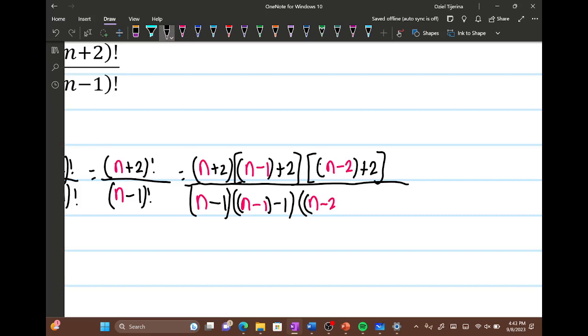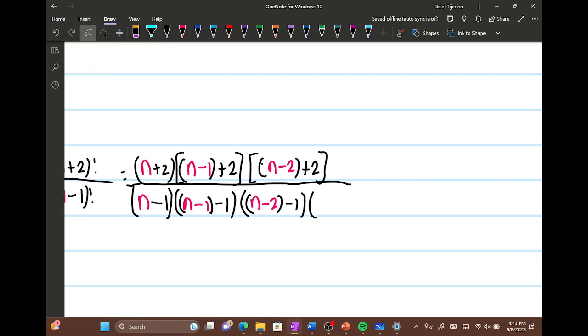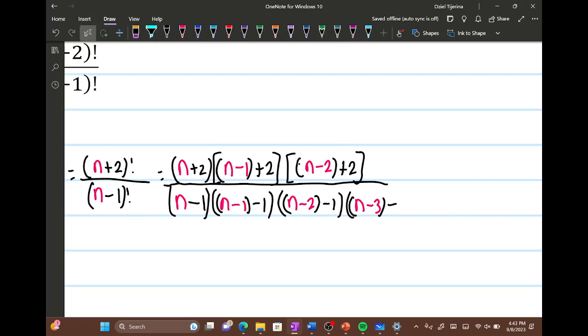This is the way we're doing it here. And then times n minus 3 minus 1. If we keep doing this, you'll see that this will simplify to an algebraic expression.